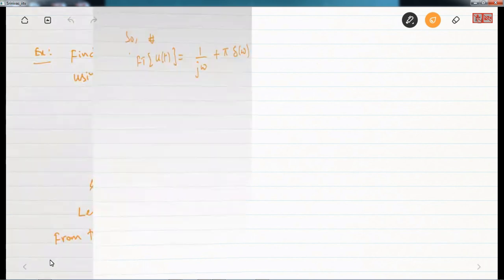Right? So the Fourier transform of u of t is equal to 1 by j omega plus pi delta of omega.